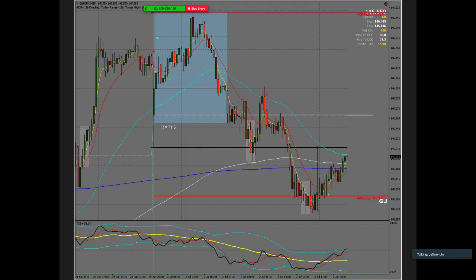One of the things that invalidates the setup is if it doesn't touch the water, like if it's just barely touching it, doesn't touch it with a pin, or doesn't go through it and come back down, or if the space between this RSI here and the 50 static is more than 1.5.